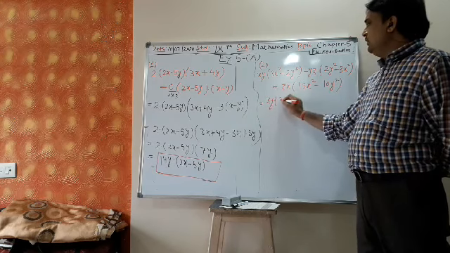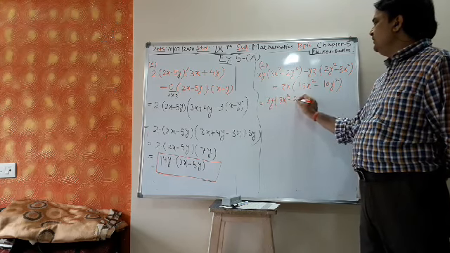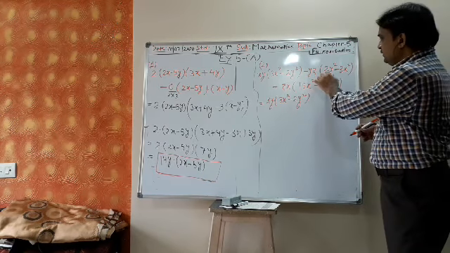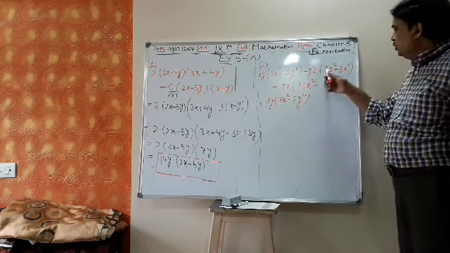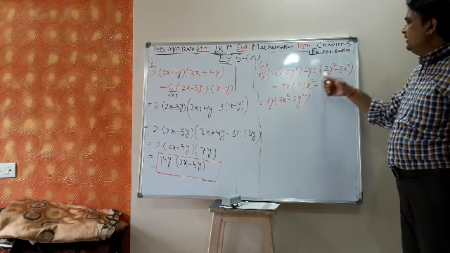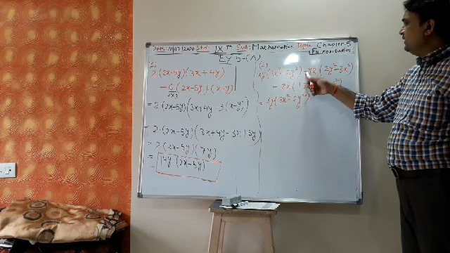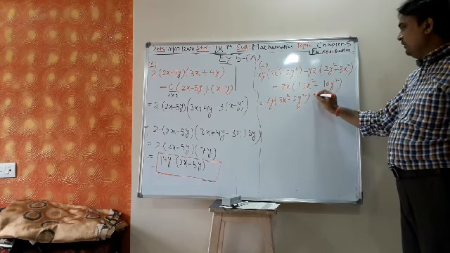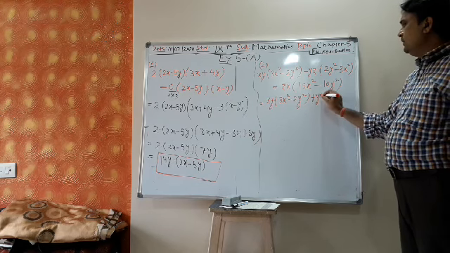xy into 3x square minus 2y square. Then see, this is a minus b: 2y square minus 3x square. This minus sign I can multiply inside. So I will write plus yz.